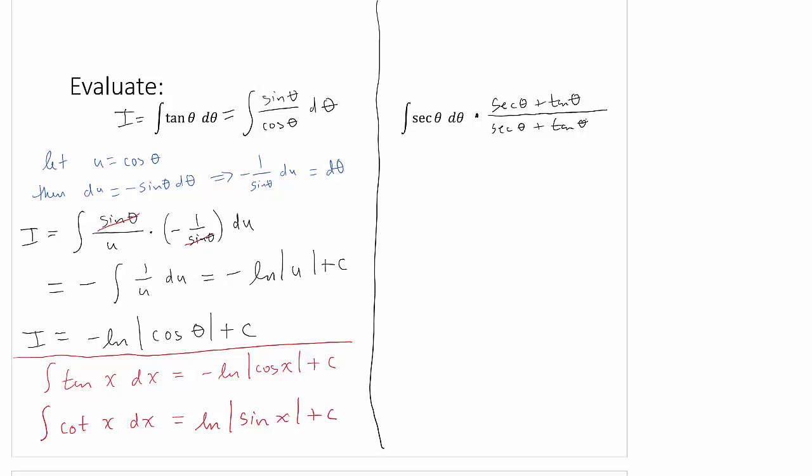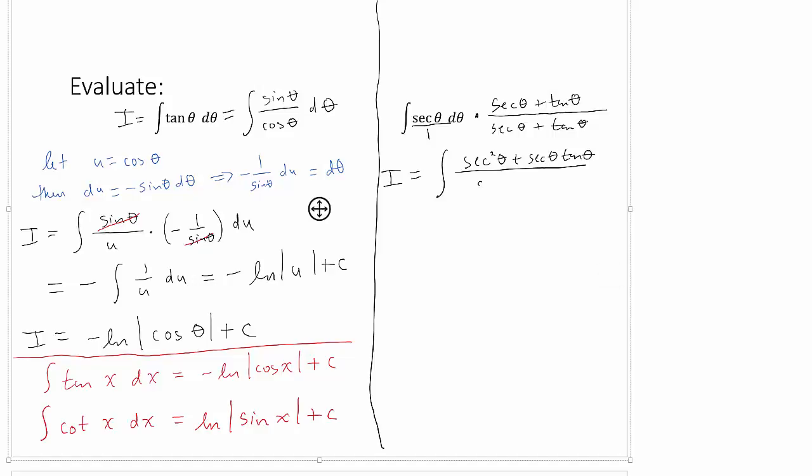Really, all I'm doing is multiplying by the quantity 1 in this special form. But now notice what happens. My integral is equal to the integral of secant square theta plus secant theta tangent theta over secant theta plus tangent theta d theta.